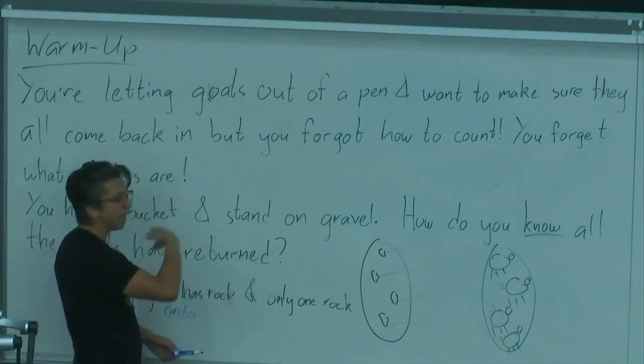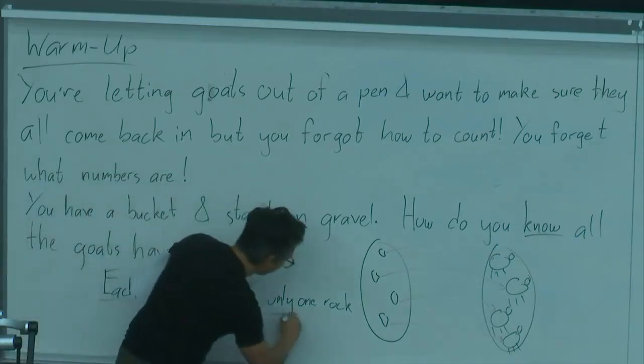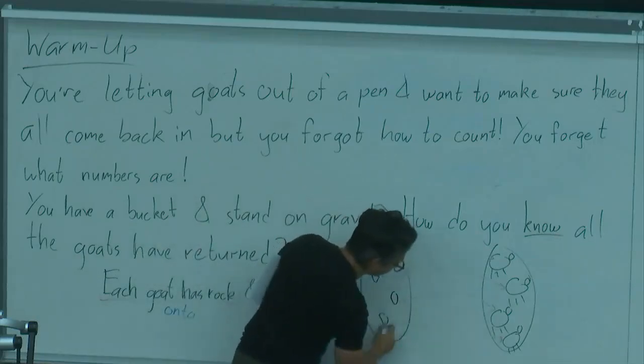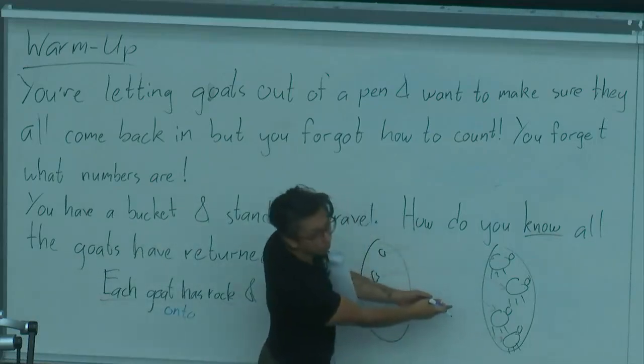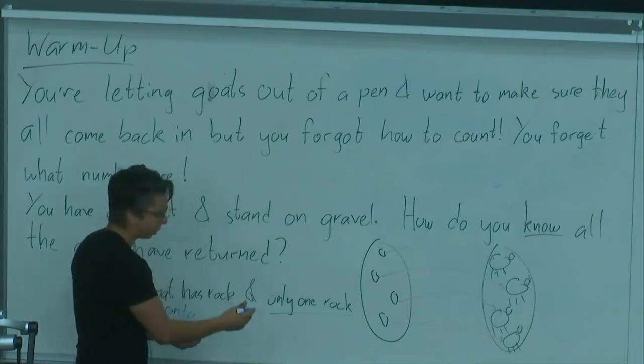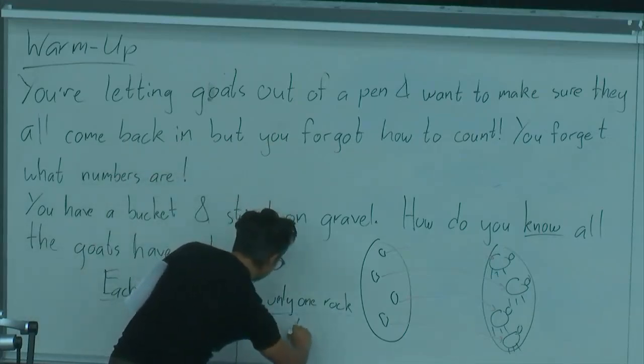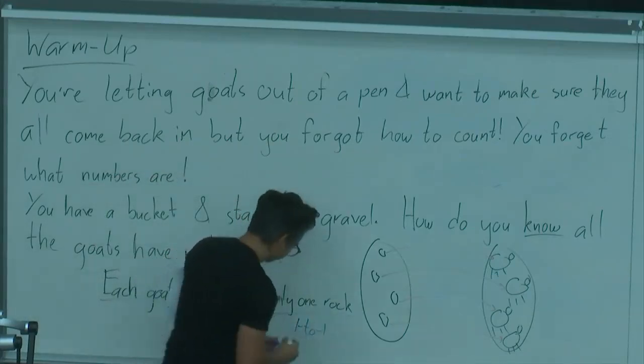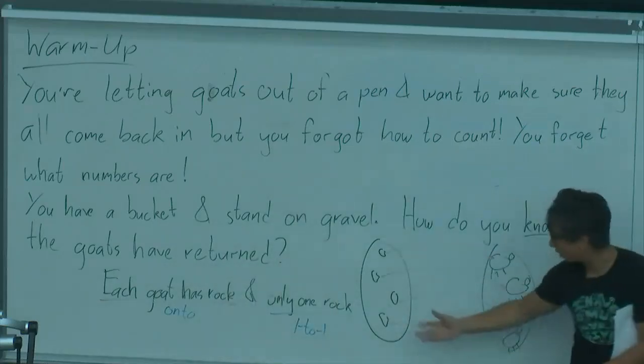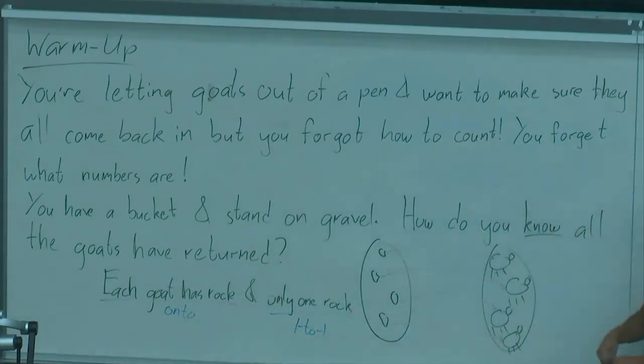Every goat should be mapped to by a rock. And only one rock means that there aren't any collisions. There aren't two rocks that collide to one goat, because that would mess up our count. So only one rock. This is applying to 1-to-1. So this is our way of counting now when we're counting infinities, which is a wild thing to do. OK, great.